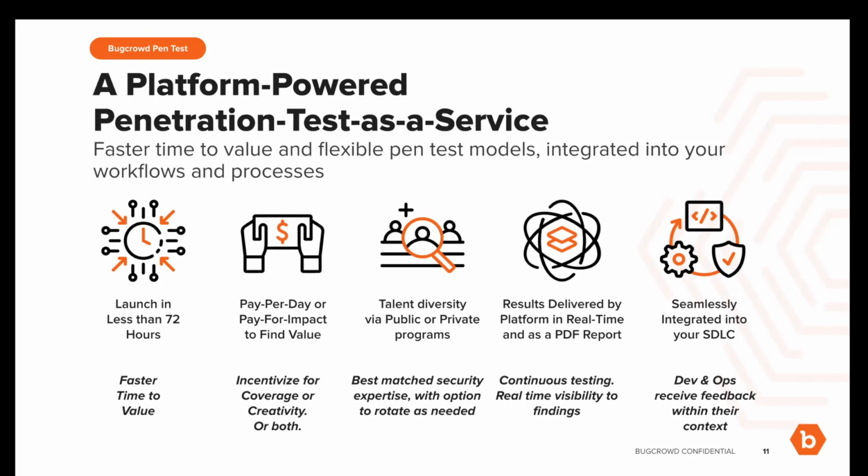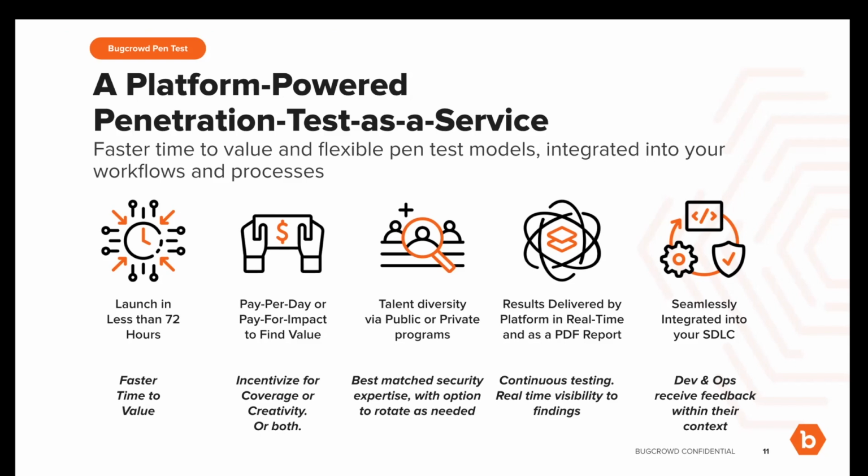The results are delivered by the platform in real time, as well as through a PDF report if needed. So you'll see that with Bugcrowd, there is a single platform for pretty much all your security use cases. In this case, we're talking about pen testing. So as the pen test is run, you'll see those results coming in real time on the platform.